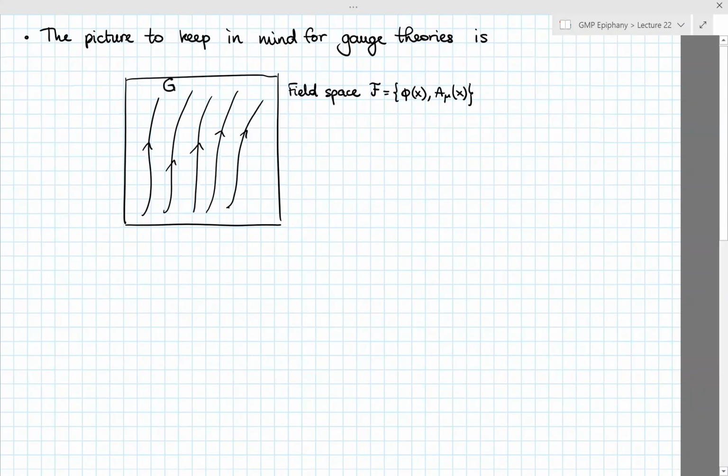These are called gauge orbits. In mathematical language, we would say that the picture is that field space F is foliated by gauge orbits.